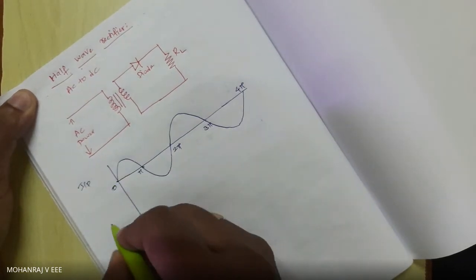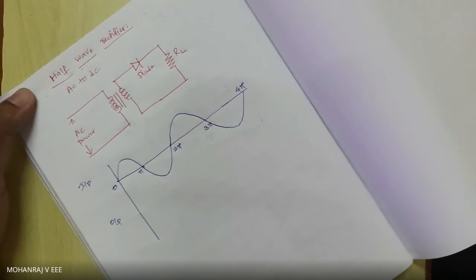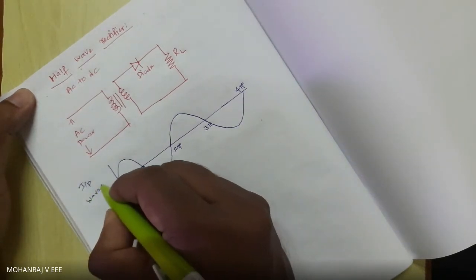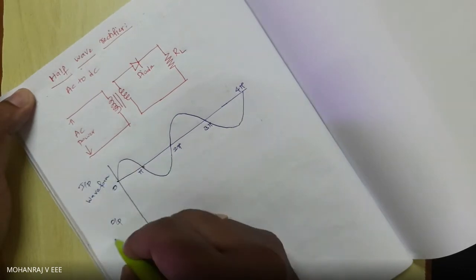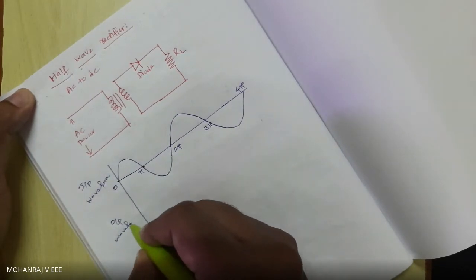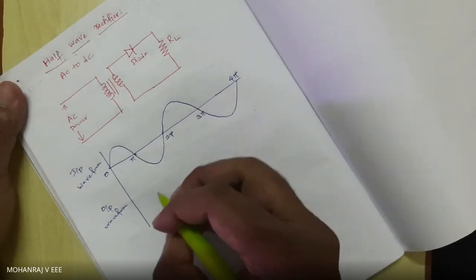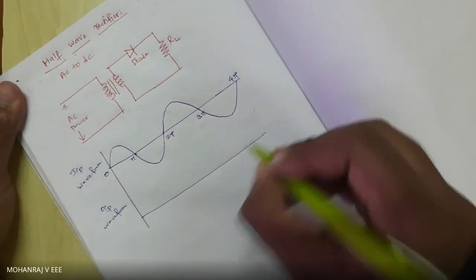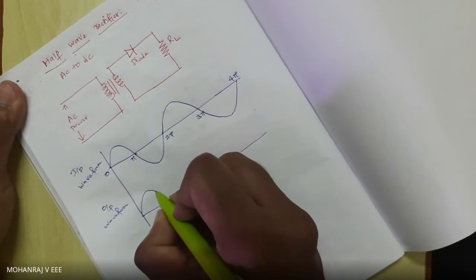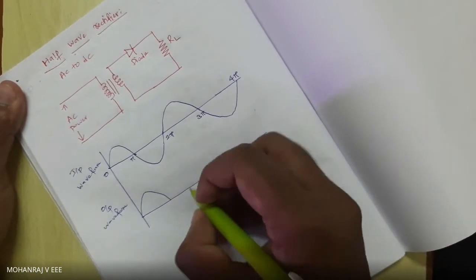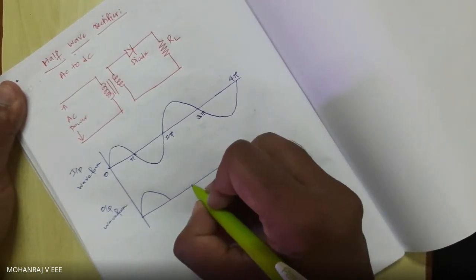So what will be the output waveform of your rectifier? You will have only the positive cycle. What will happen to the negative cycle? The negative cycle vanishes.